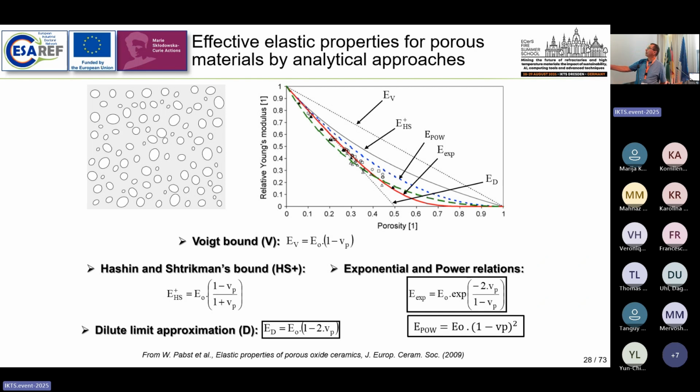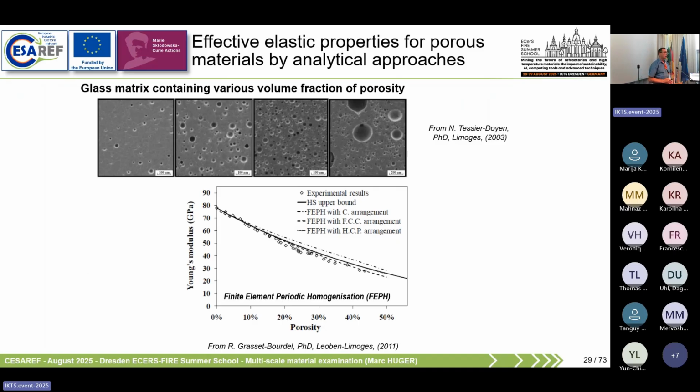Well, these are not so far from each other, but typically, Hashin Shtrikman is also not so bad, but not so good either. So typically, this exponential works quite well. And in fact, after that, there is another author who has taken into account that, for the porosity, the key point depends on the shape.